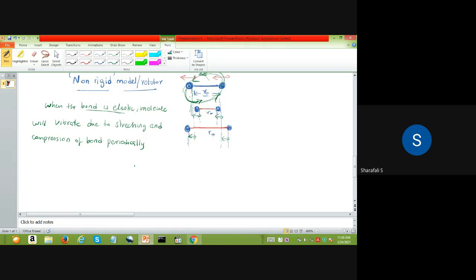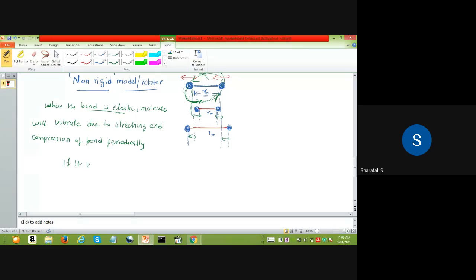So if it is harmonic vibration, let's say the vibration is simple harmonic motion, then the force constant for a simple harmonic motion, we know, is K equal to mu times omega square.